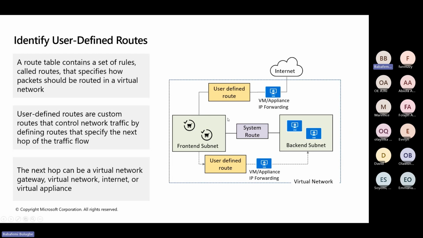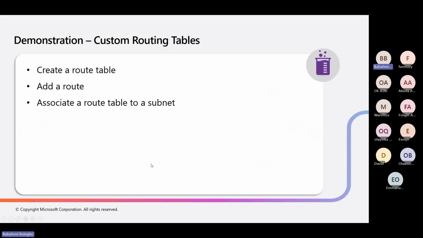So you are the one determining where the next hop, the next device should be, what should be the flow of this traffic coming into my virtual machine, coming into my virtual network. You are the one determining where the traffic should be directed to, and that's what we call the user-defined route.